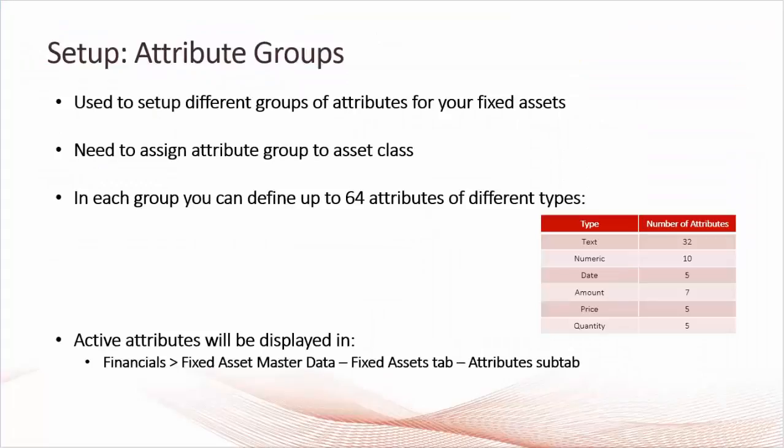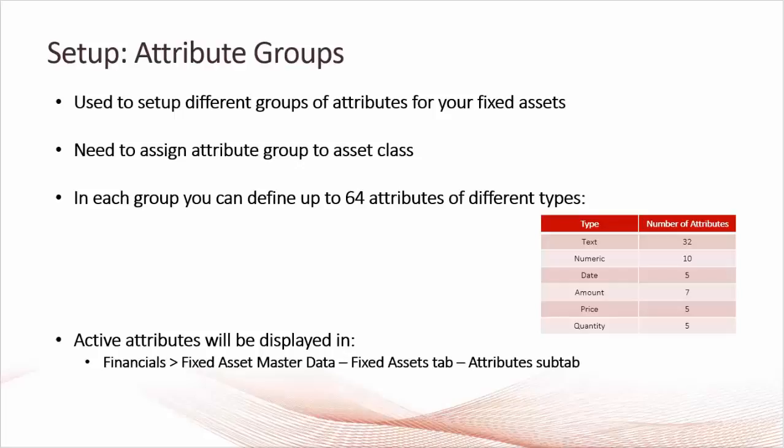Next, we'll look at attribute groups. Attribute groups are used to assign attributes to your assets. As you assign your attribute group in the asset class, in the asset master data, it will pull in the defaults based on the group you have defined. Within each attribute group, you can have up to 64 different types of attributes. These are broken up into different types.